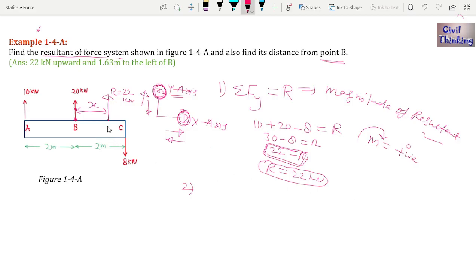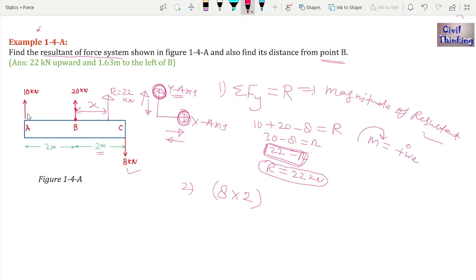Now 8 kilonewton, as you can see here, is going to exert a moment like this at B, so it is going to be positive. So I will write 8 multiplied by, how much is 8 kilonewton far from B? It is 2 meters, so 2. Now we found the moment due to this. Now the moment due to this will be what?